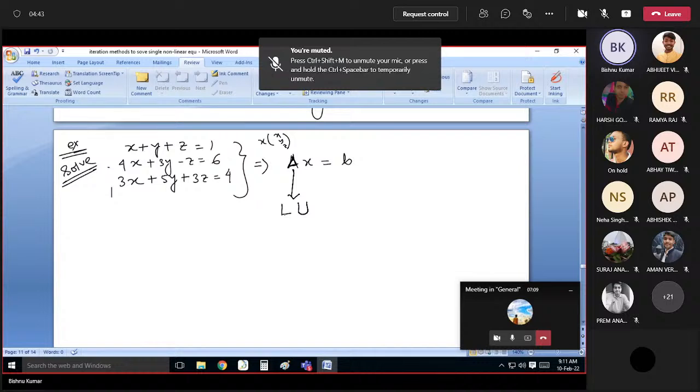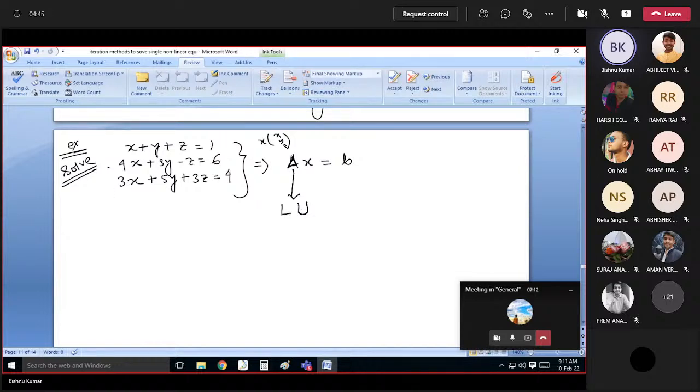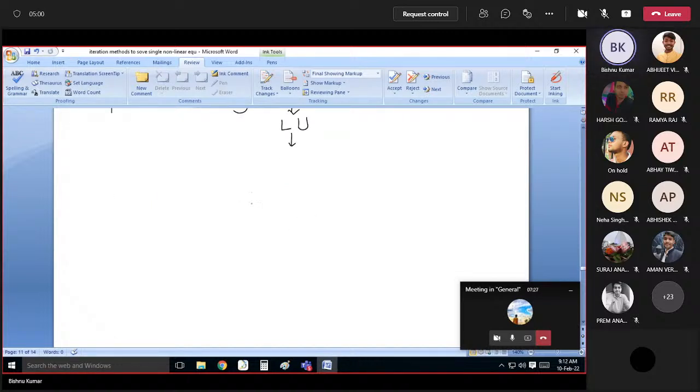So you have to factorize A into L and U. That L and U matrix will also be 3 by 3 matrices, such that their product builds A. For that purpose, consider it this way. Initially take the variables by name.